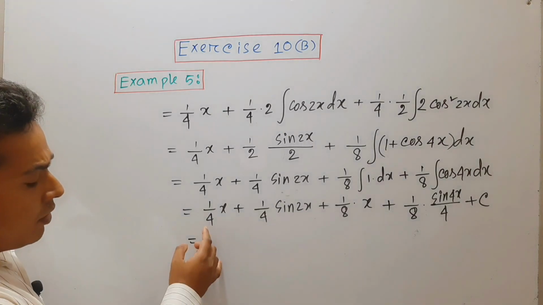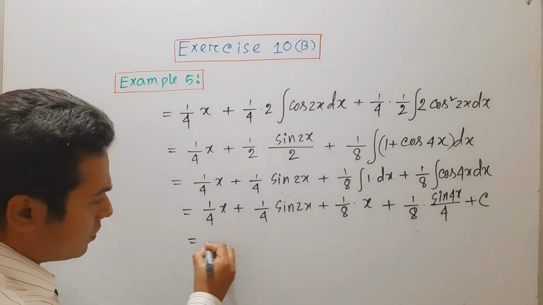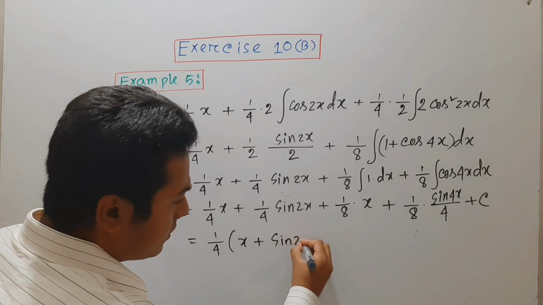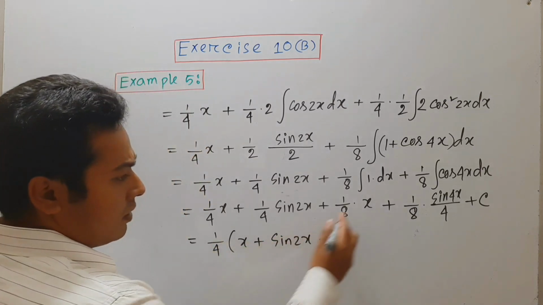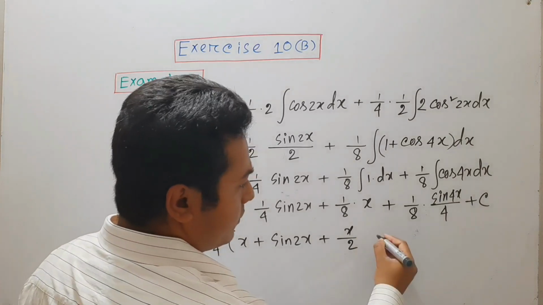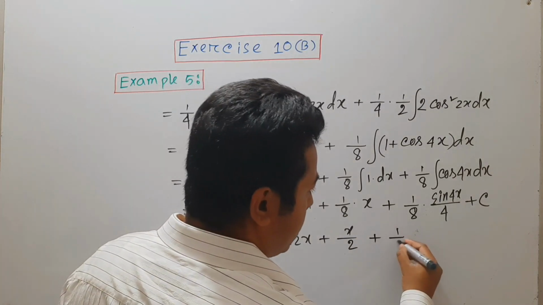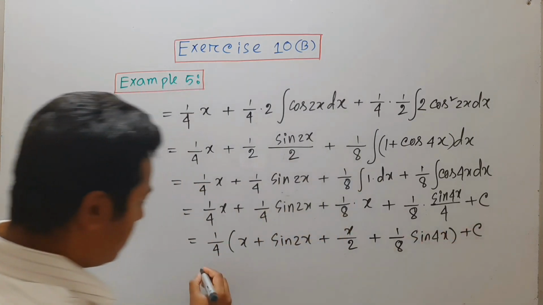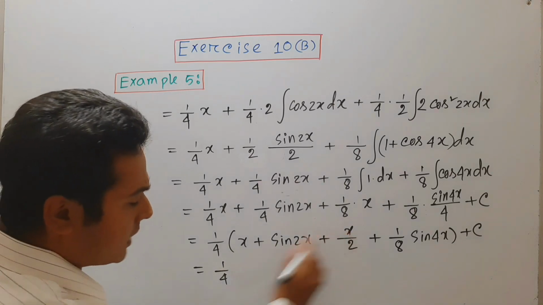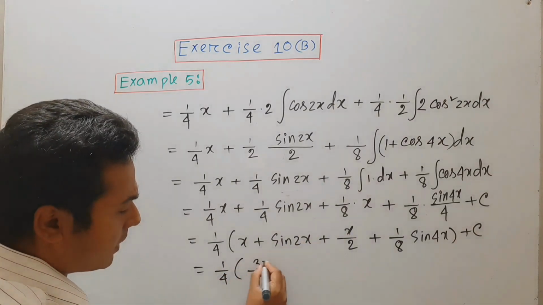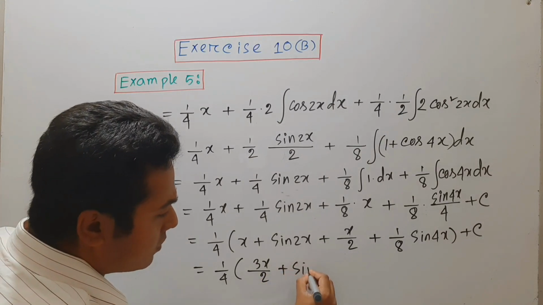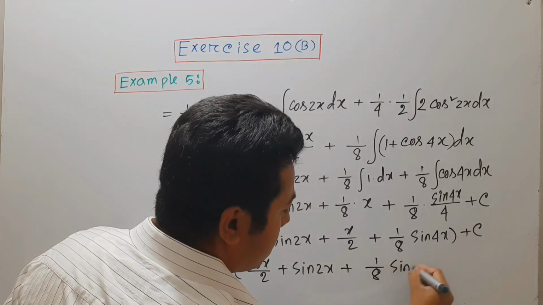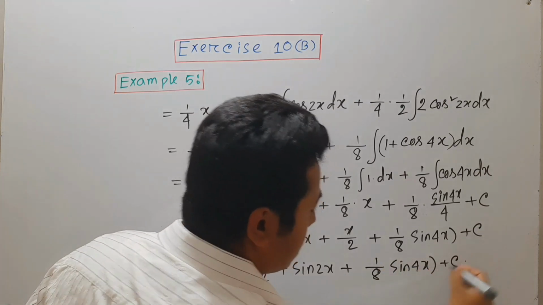Now we can take common 1 by 4 from each term: 1 by 4, x plus sin 2x plus x divided by 2 plus 1 by 8 sin 4x plus c. Okay, 1 by 4, x plus x by 2 will be 3x divided by 2, plus sin 2x plus 1 by 8 sin 4x plus c. Okay, this is our answer.